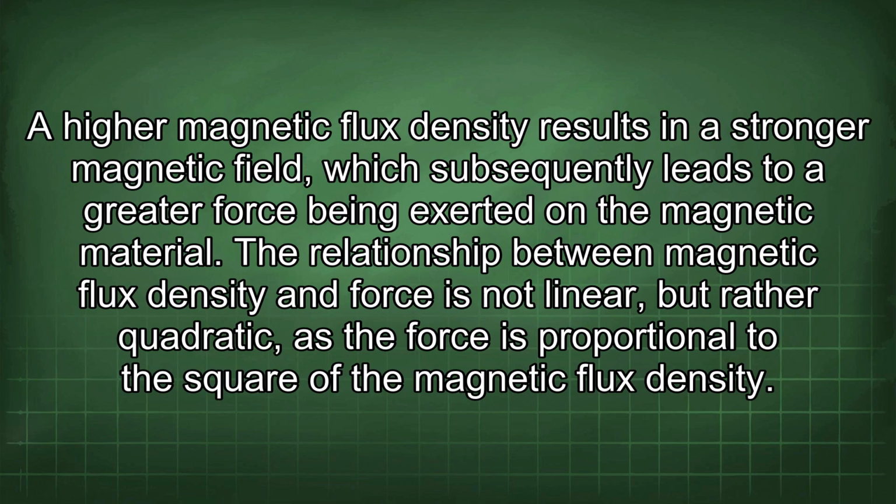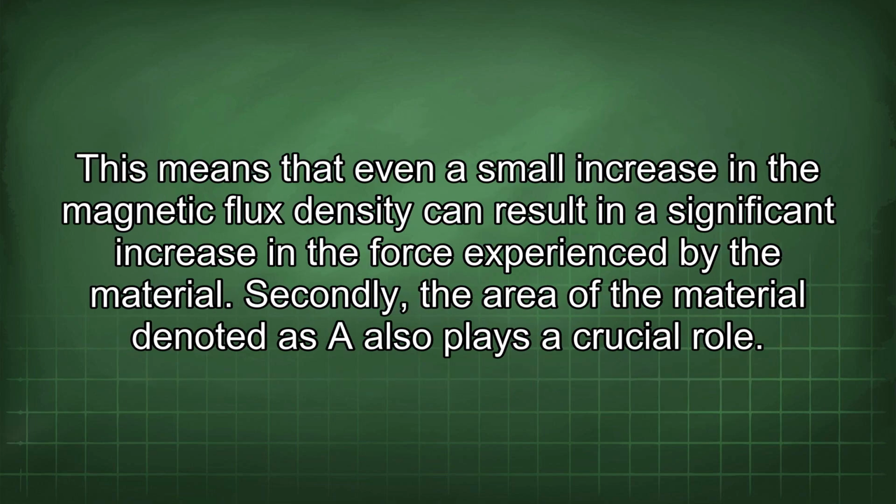A high magnetic flux density results in a stronger magnetic field, which subsequently leads to a greater force being exerted on the magnetic material. The relationship between magnetic flux density and force is not linear, but rather quadratic, as the force is proportional to the square of the magnetic flux density. This means that even a small increase in the magnetic flux density can result in a significant increase in the force experienced by the material.